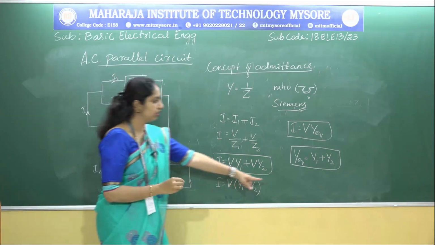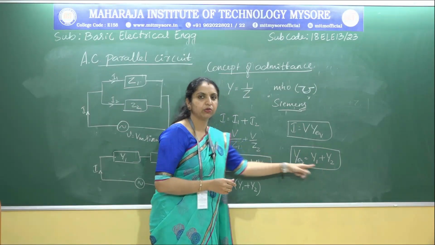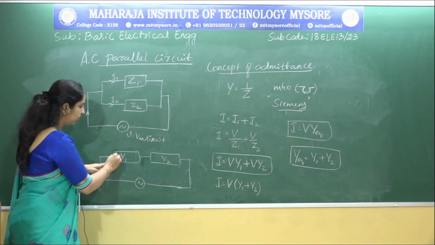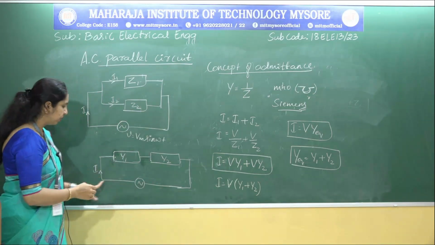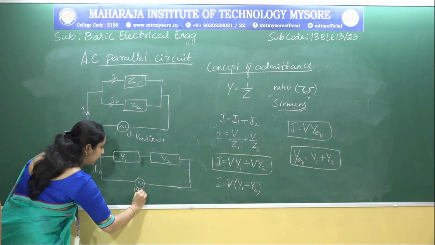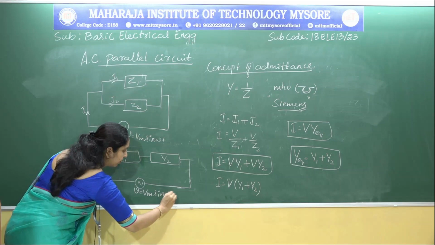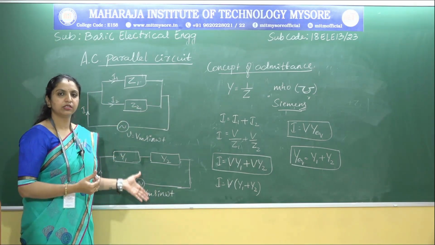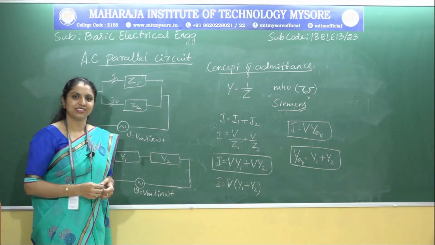Since we write Y equivalent as Y1 plus Y2, the same parallel circuit can be rewritten in this form. In this way we can analyze the concept of admittance in an AC parallel circuit.